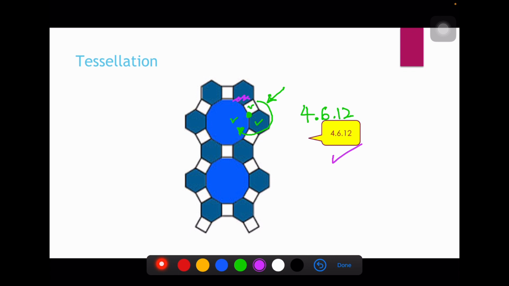So for this one, you can't go anti-clockwise because we have number 6. We can't have 4.12.6. So we need to go for smallest, second smallest, and the largest.